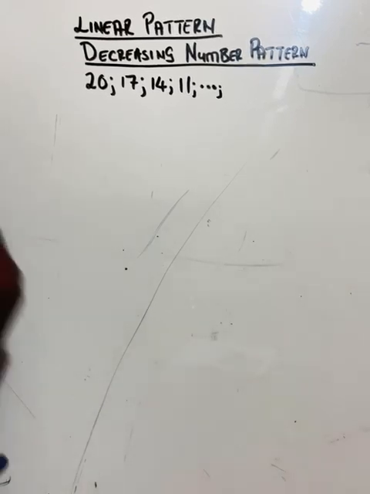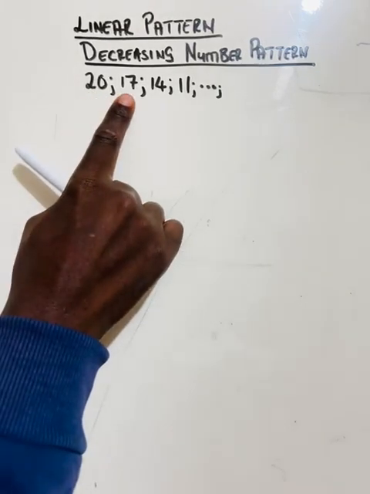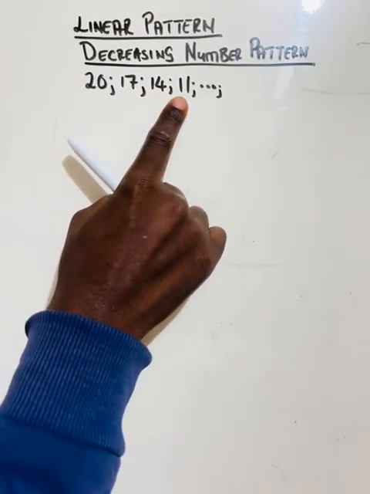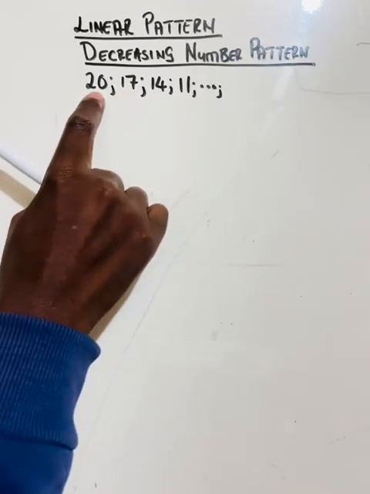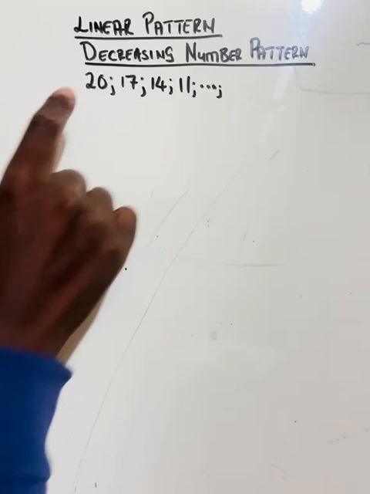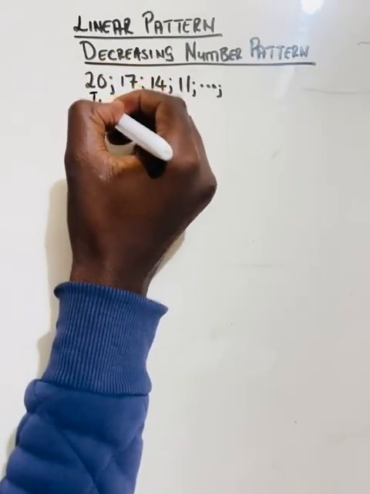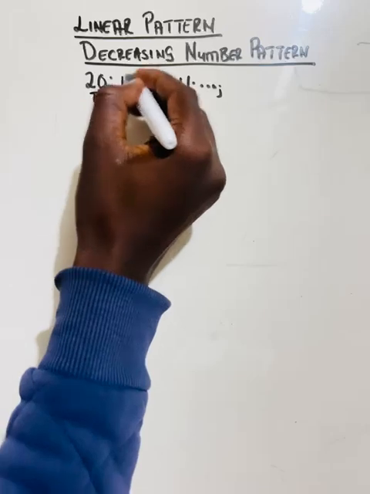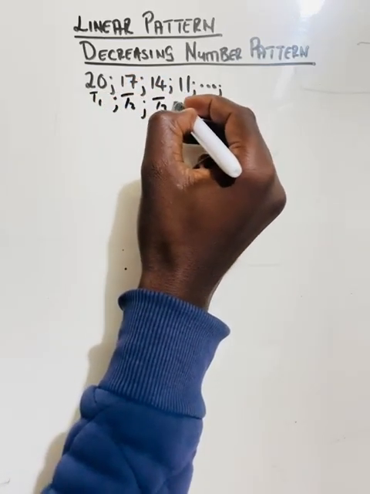For instance, let's look at this linear pattern which you have been provided. We have the numbers 20, 17, 14, and 11. Obviously, between 20 and 17, you can see that 20 is bigger. But 20 is our first term. This is term number 1. 17 is our second term. 14 is our third term.